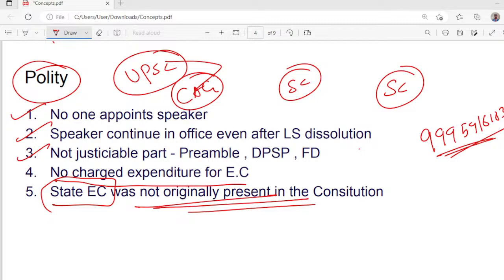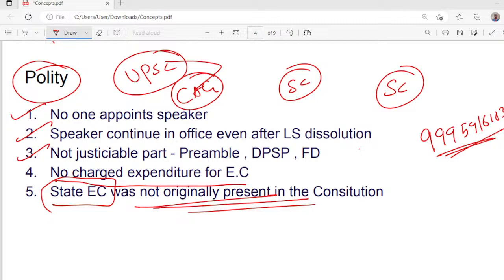Later, by an amendment, State Election Commissions were created. Amendment means changes in the Constitution. By which amendment did we bring the State Election Commission? Who can tell me that?